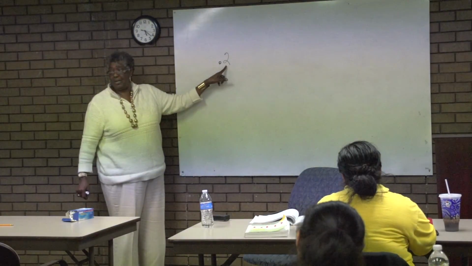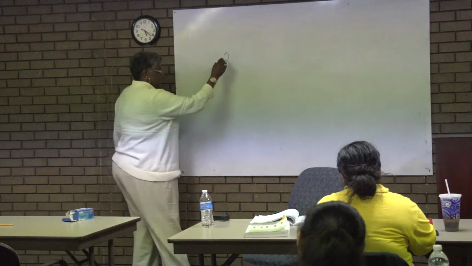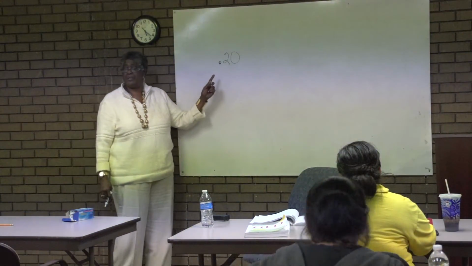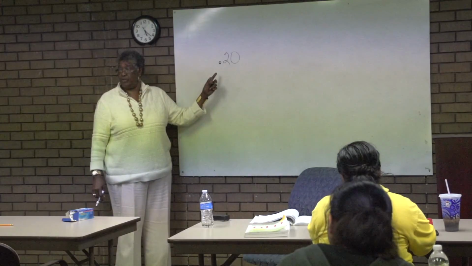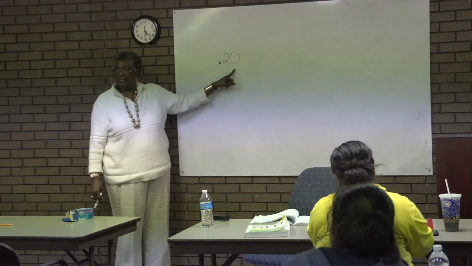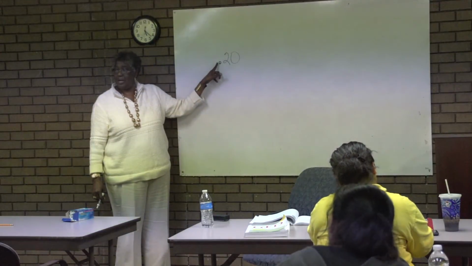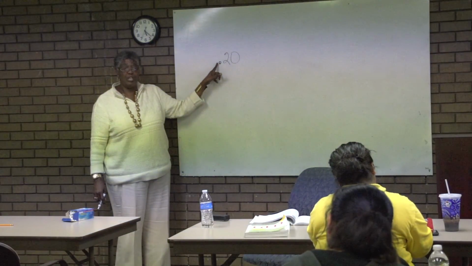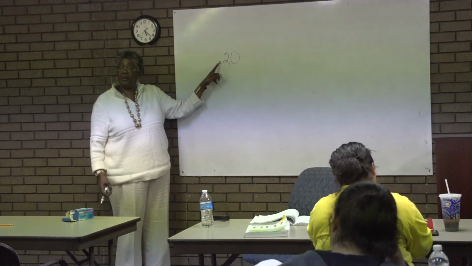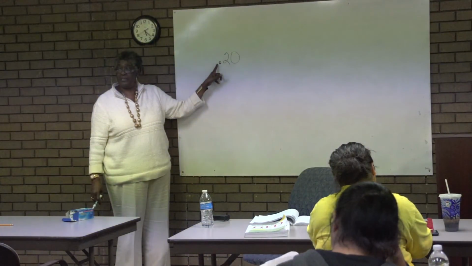This would be 2 dimes. If I put a 0 here, that changes to 20 what? Hundredths, or 20 pennies. The same thing as 2 dimes, right? Still 20 cents. Whether you have 2 dimes or 20 pennies, you have the equivalent of 20 cents.